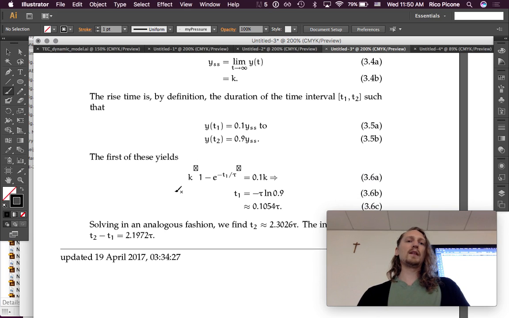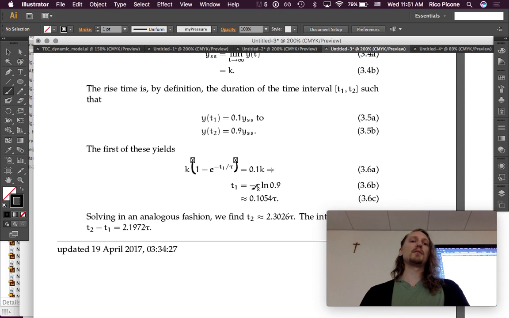The first of these yields, which is to say we plug in t1 and it has to equal 10% of the steady state, which is k, and we solve for t1.